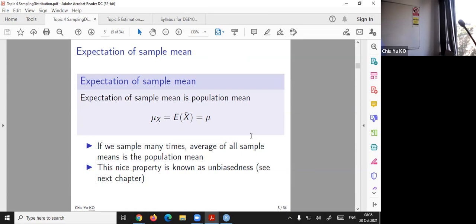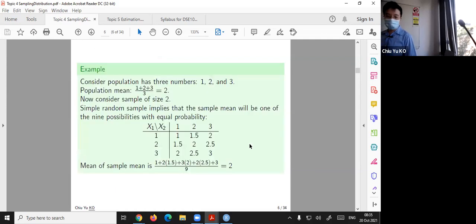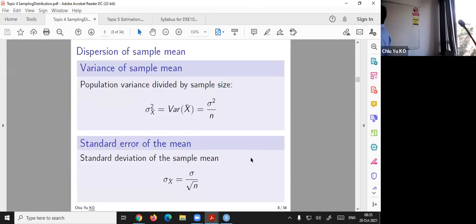That's related to a good property called efficiency. Using the sample mean, you get more accurate estimates. You can see from this example that the variance of the sample mean is sigma square over n, which means the variance gets smaller compared to a single observation.